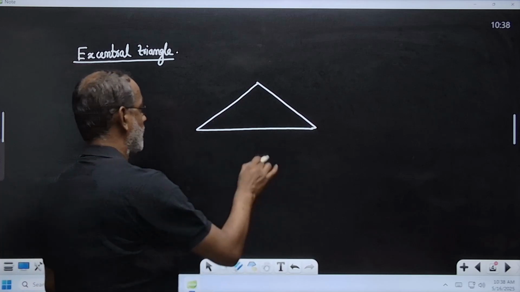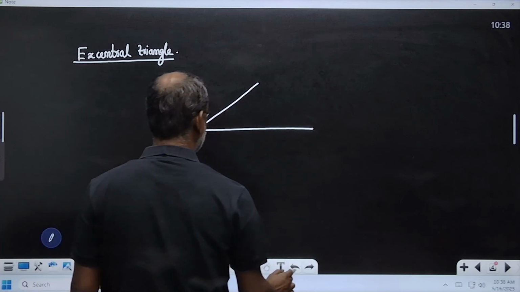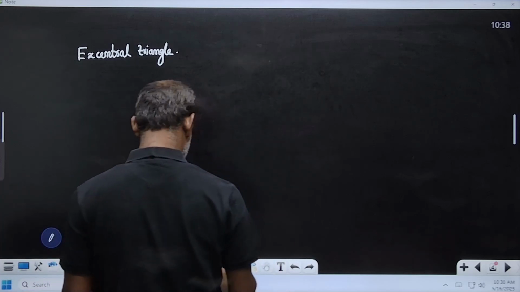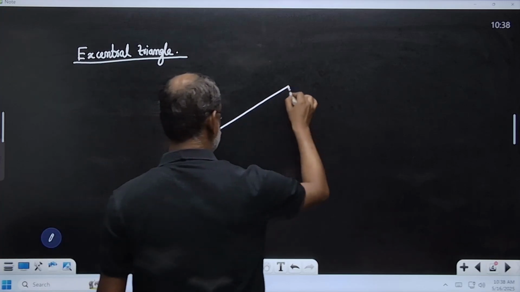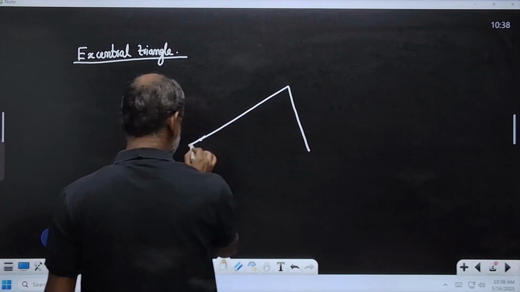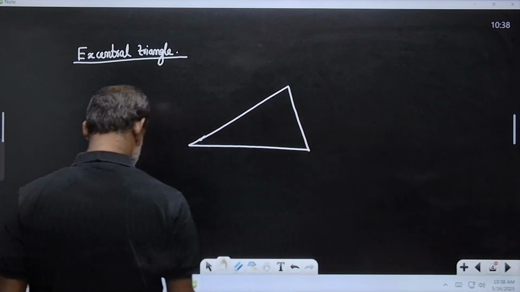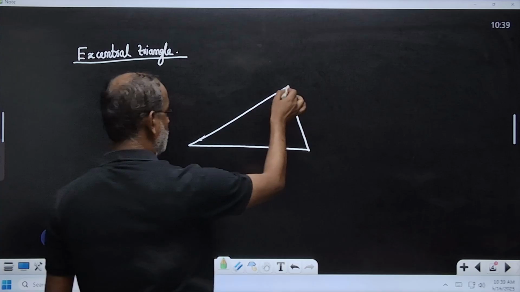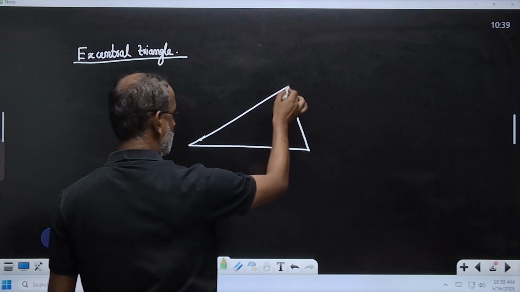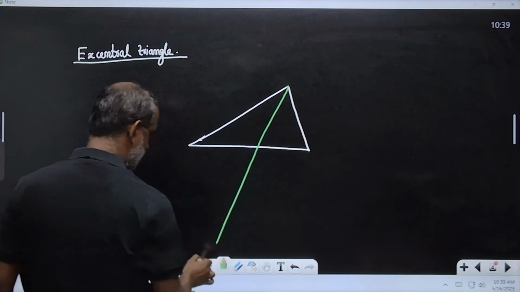So, if this is a triangle, say, if this is the triangle, and suppose I draw its internal and external bisectors.